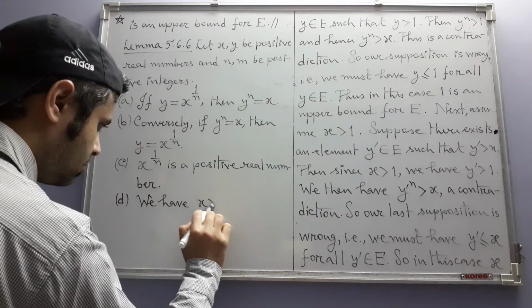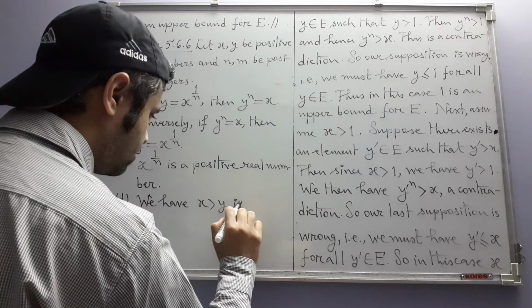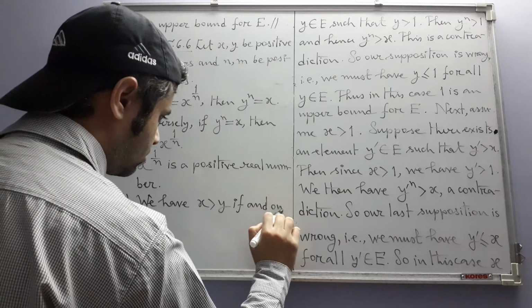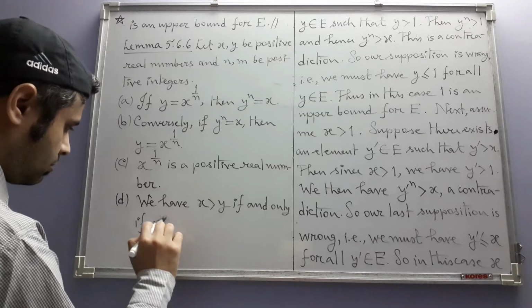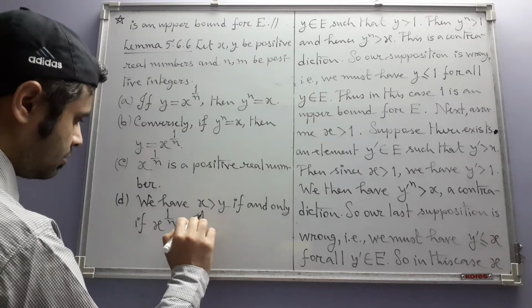We have x greater than y if and only if the nth root of x is also greater than the nth root of y.